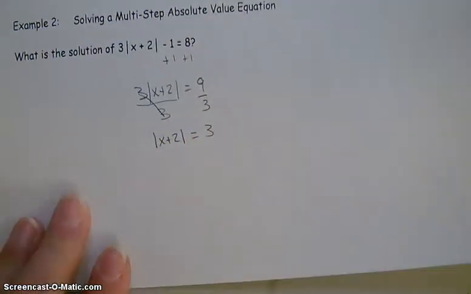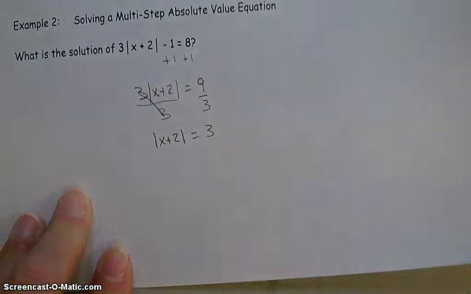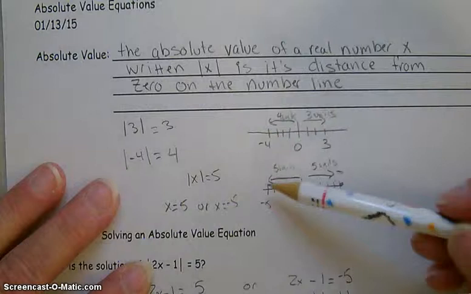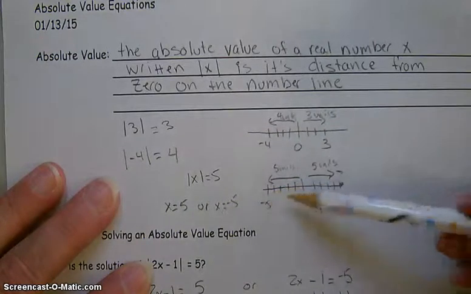So remember, when we talked about our definition, we talked about the absolute value of x equals 5. Remember our notes up here. I knew that x was going to equal positive 5 or negative 5 because they both give me equal distance away from 0.